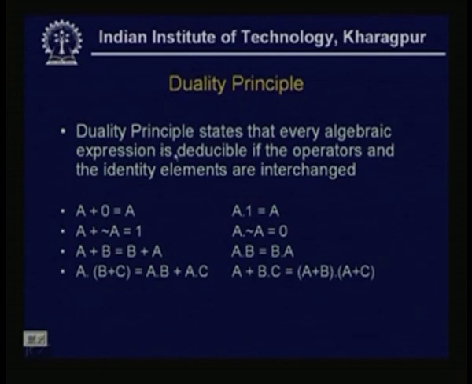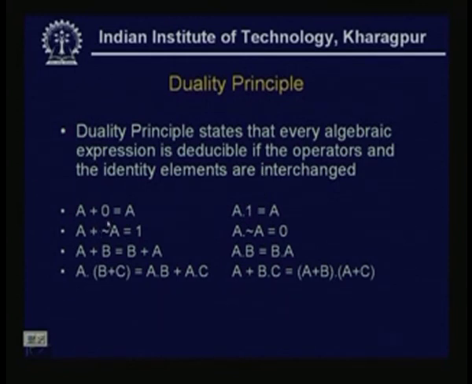First, we state one very important principle, that is the duality principle. The duality principle states that every algebraic expression is deducible if the operators and the identity elements are interchanged. Here the operators are again plus and dot.